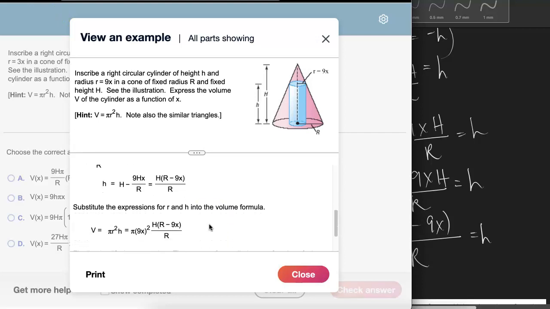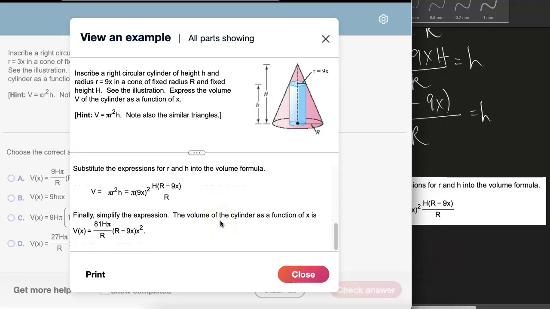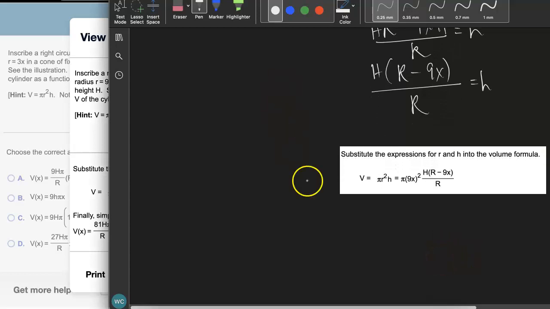Continuing, now we're going to take these expressions for lowercase r and lowercase h and substitute them into the volume formula, and that's what's happened here. I also took a screenshot of that over here because in the very end we want to simplify that expression. So again, a little bit of algebra happening at this point. We have that the volume equals, and I'm going to jump to this expression for volume.